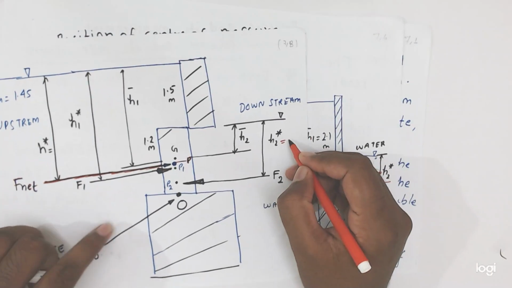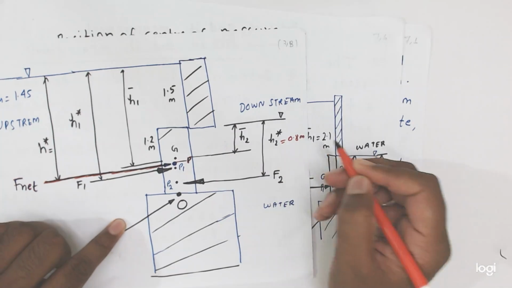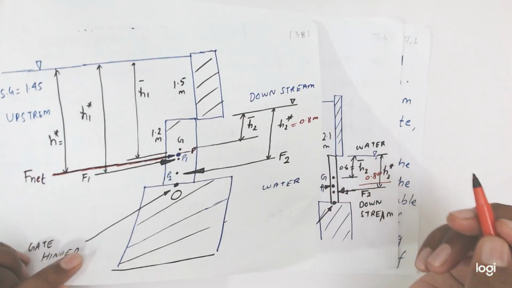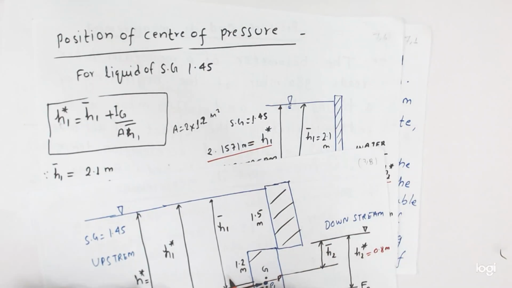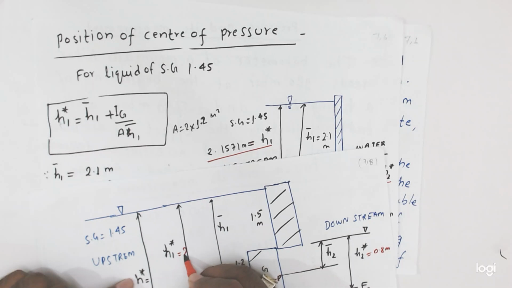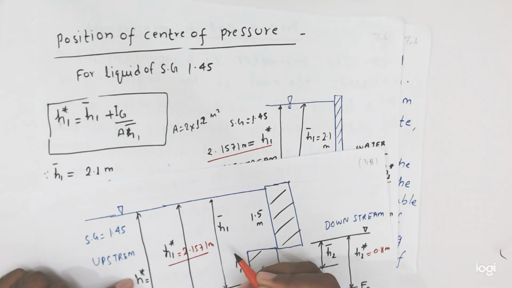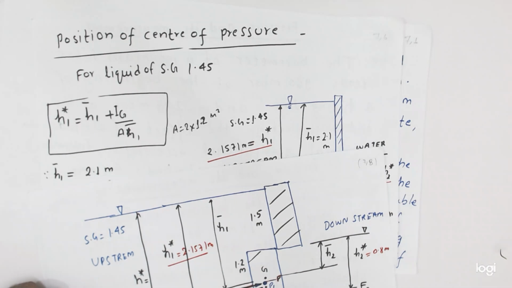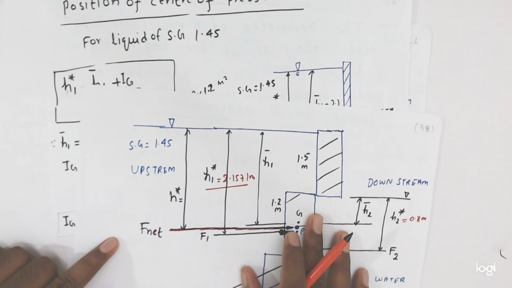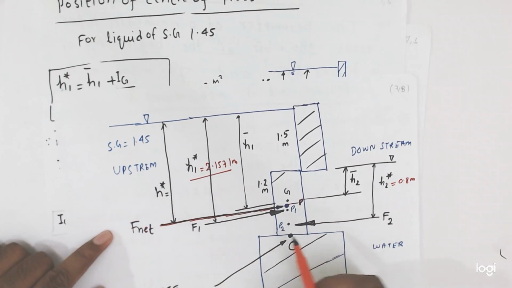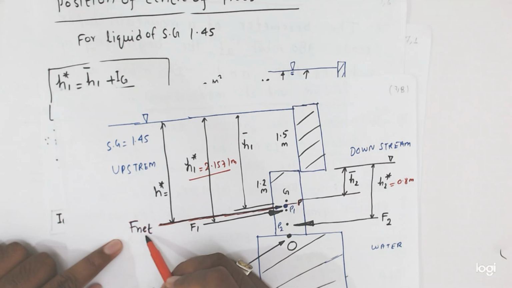H2 star value is equal to 0.8 meter and H1 star is equal to 2.1571 meter. Now we have to find the F net and the center of pressure for the resultant force.